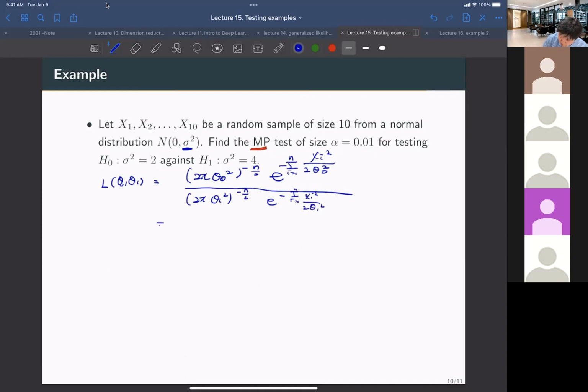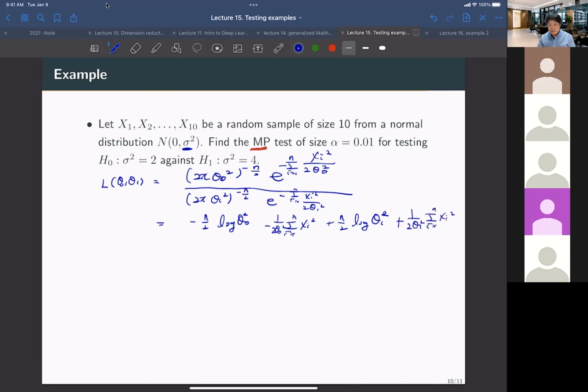So let me just take the log. Then minus n over 2 log of theta 0 square, minus the sum over i equals 1 to n of xi square over 2 theta 0 square, and plus n over 2 log theta 1 square, minus the sum over i equals 1 to n of xi square over 2 theta 1 square.